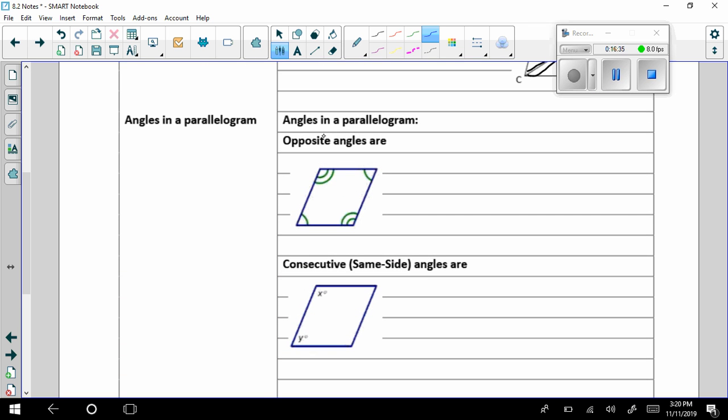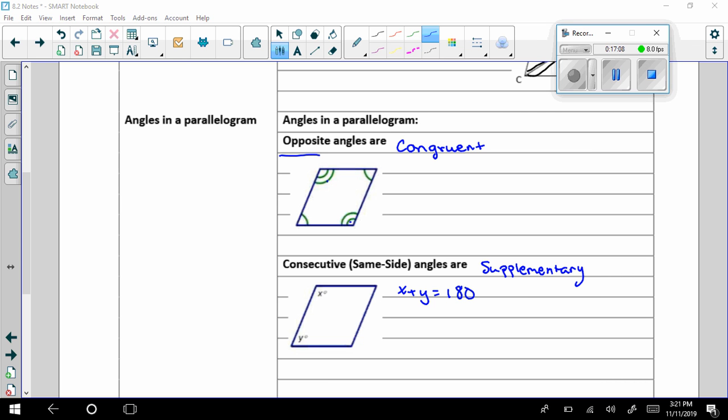All right. Angles opposite in a parallelogram are across from each other. So opposite angles are congruent. Consecutive or same side angles are supplementary, meaning they add to 180 degrees.